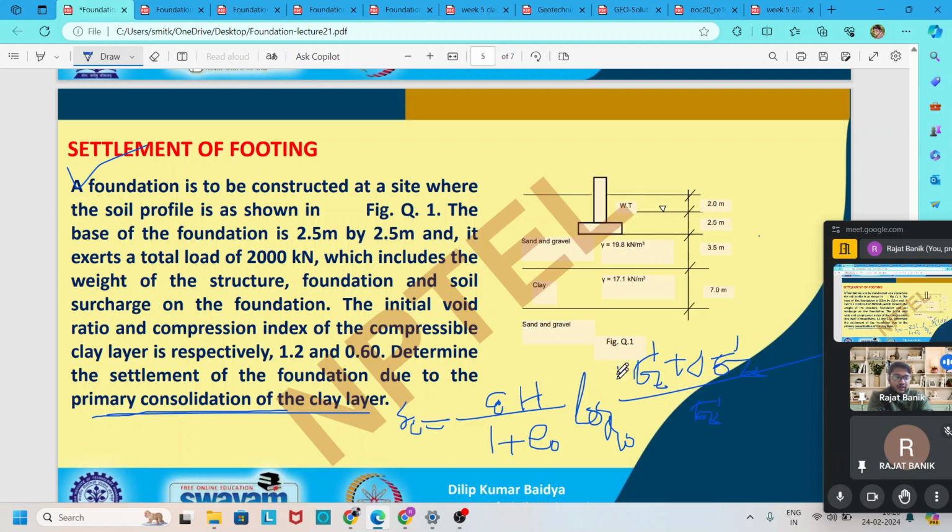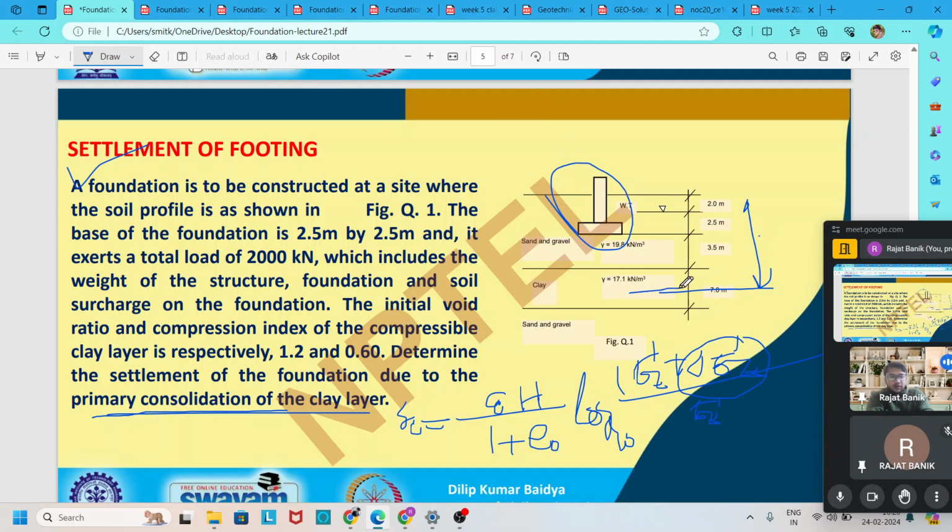Here sigma z dash is the effective stress at the middle of this clay layer, and delta sigma z dash is the increase of pressure due to the construction of this foundation.